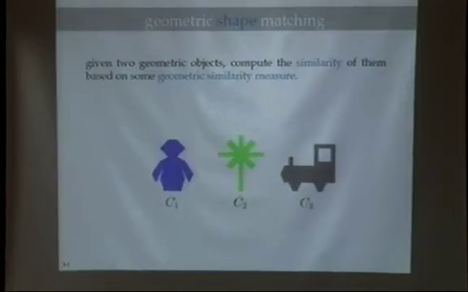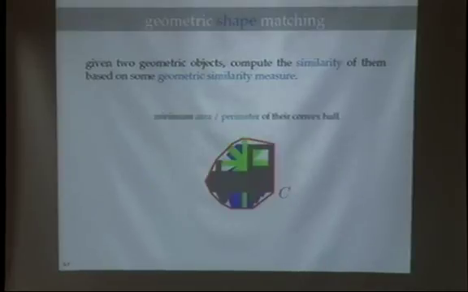Well, there can be another measure. So if you have more than two objects, then you want to stack them together, and in this case the measure can be the minimum area of the convex hull. You already know what a convex hull is, right?